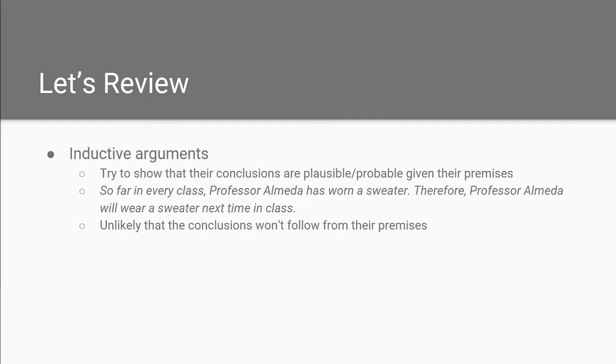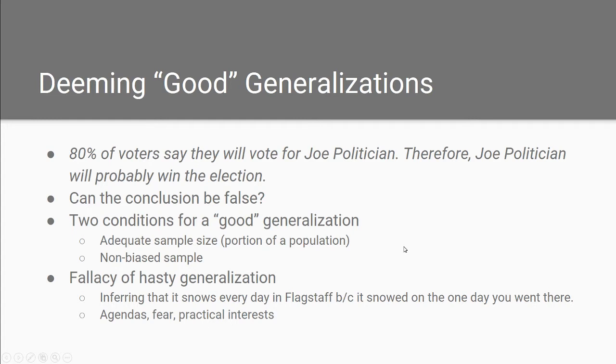And I want to explore this more by looking at this next example here. 80% of voters say they will vote for Joe Politician. Therefore, Joe Politician will probably win the election. Here's my question to you. Can the conclusion be false? Now, this is an inductive argument because even if the premise is true, the conclusion could still be false.